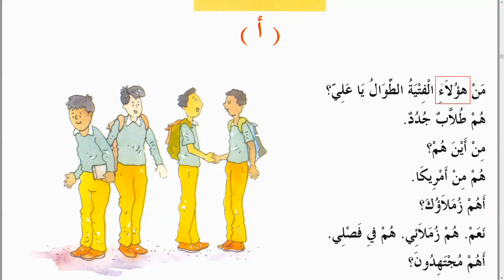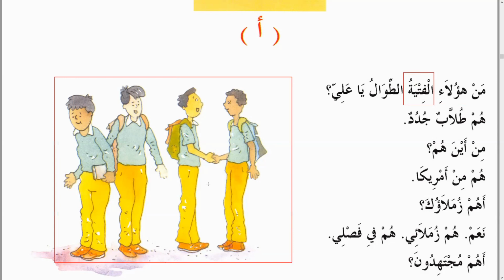But in this lesson we are learning about the masculine itself. So man haulai, who are these? Al fityatu, young men, young boys. Who are these young boys? We learned that the singular is al fata, fatan. The plural is al fityatu.